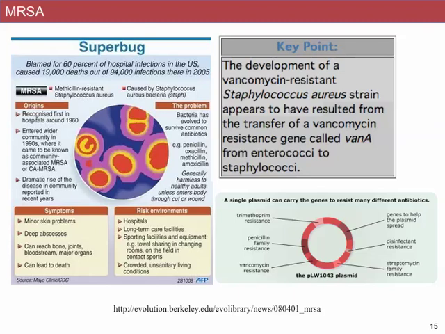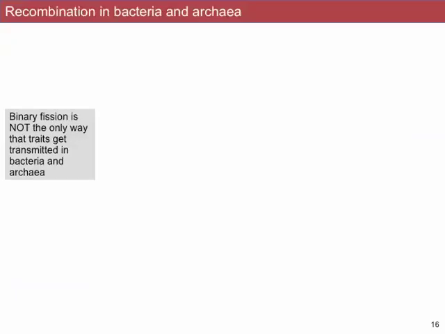Those mutations, if you think about inheritance as just being from parent to offspring, aren't that big of a problem. If you just kill the descendants of that organism that inherited that mutation, it shouldn't be a problem. But unfortunately, what bacteria and archaea and many microbial eukaryotes do is as follows.